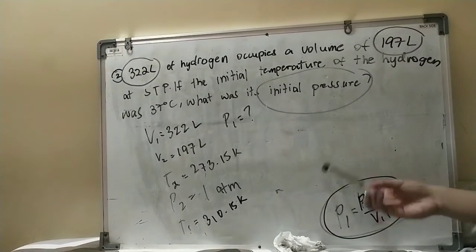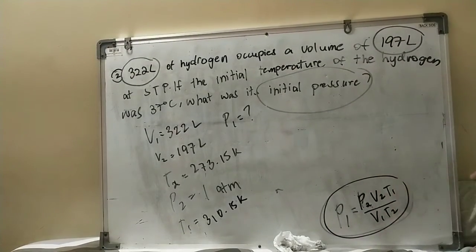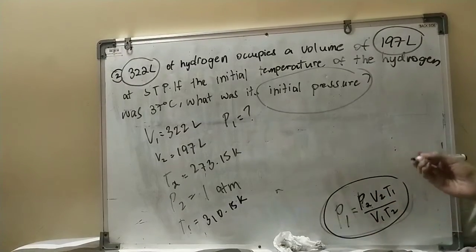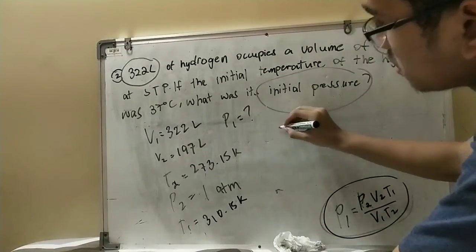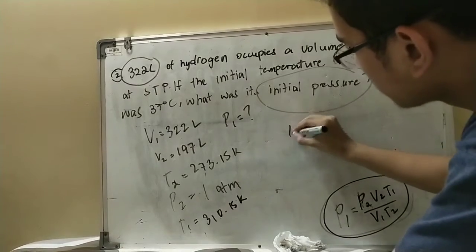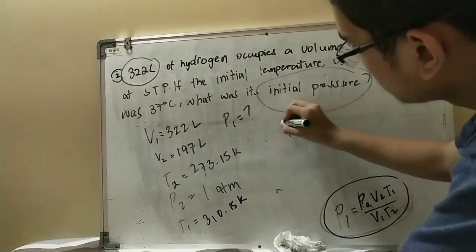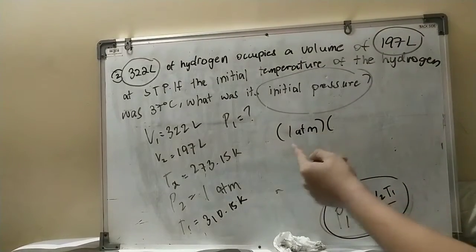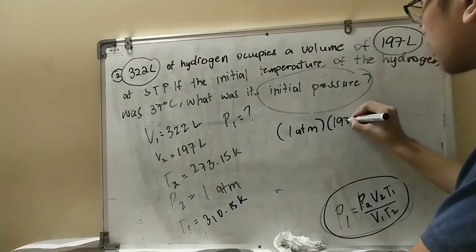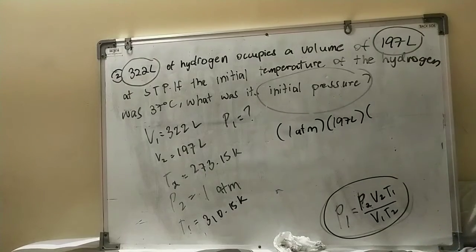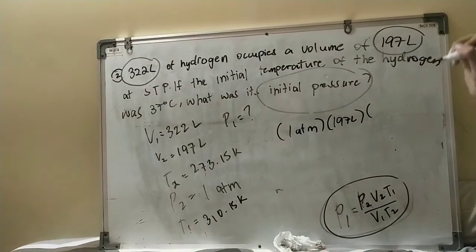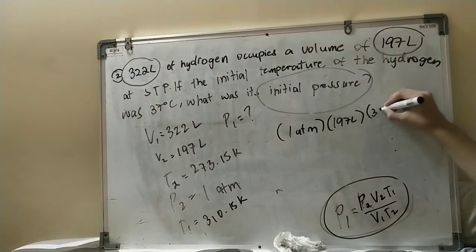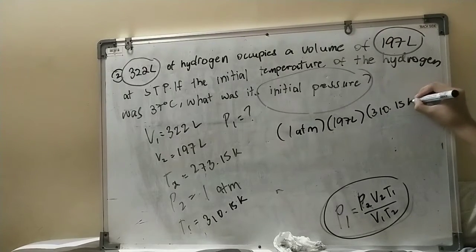Now, again, we need to replace the values in our derived formula. So, P2 is 1 atmosphere. V2 is 197 liters. Temperature 1, or initial temperature, is 310.15 Kelvin.